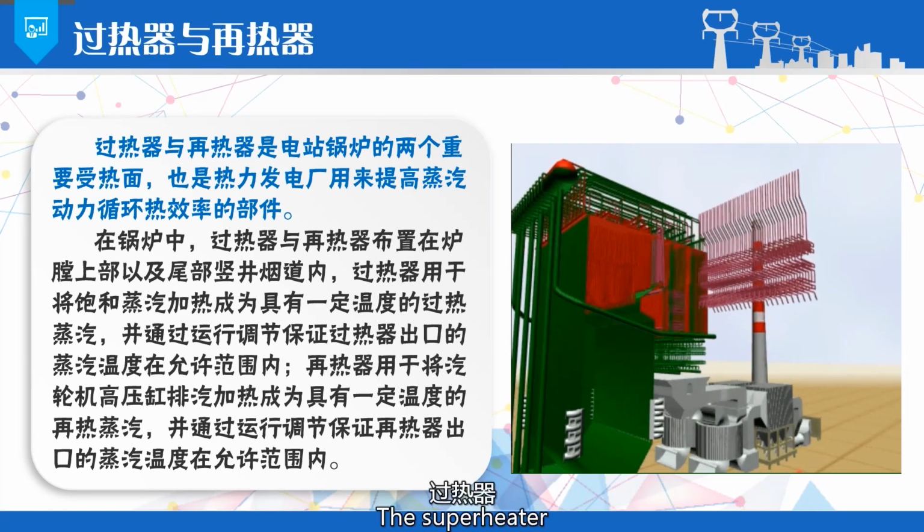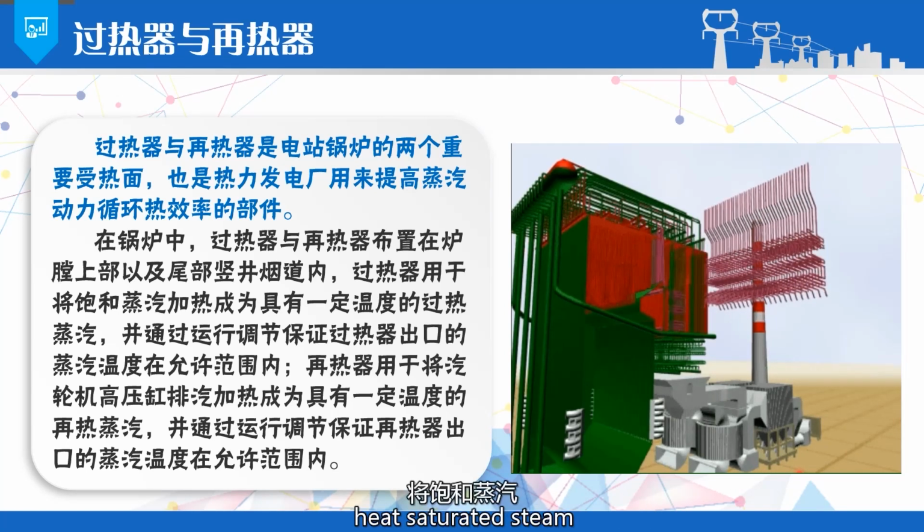The superheater is used to heat saturated steam into superheated steam with a certain temperature, and through operation regulation, ensure that the steam temperature at the outlet of the superheater is within the allowable range.